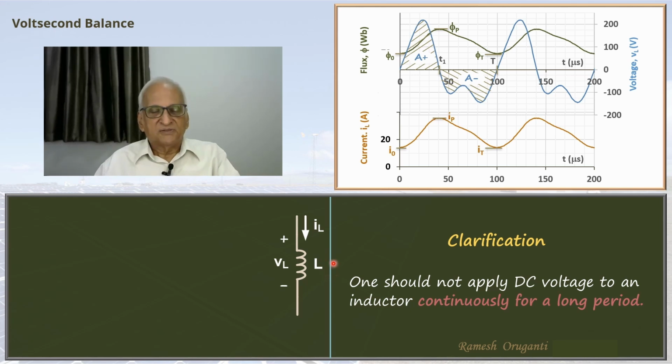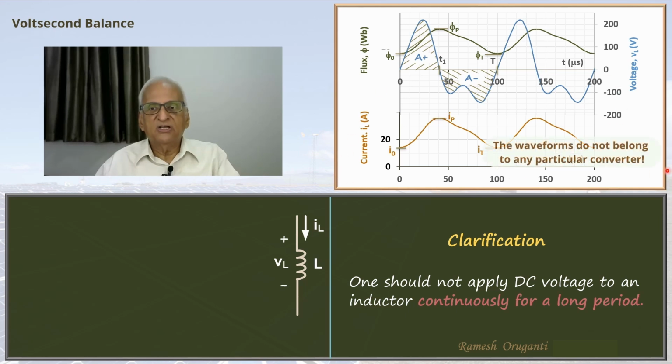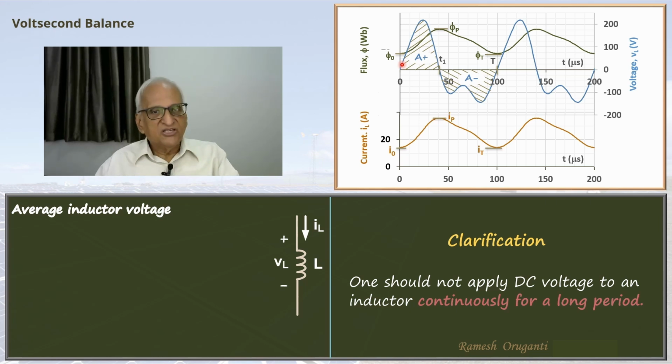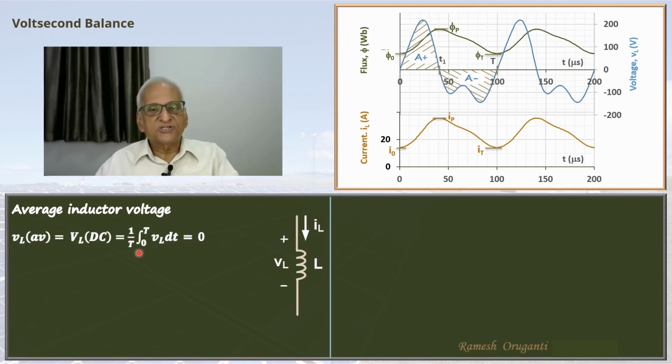So we are showing the inductor again here, and we are showing all the plots here, the flux plot, the voltage plot, and the current plot. So what is the average inductor voltage? Average voltage under steady state and the DC voltage are the same. The average voltage equals 1 over T integral 0 to T VL dt, and we know that this integral is 0, Voltsecond is 0.